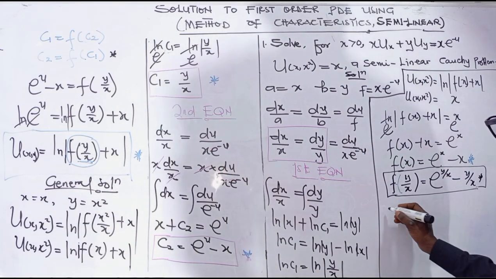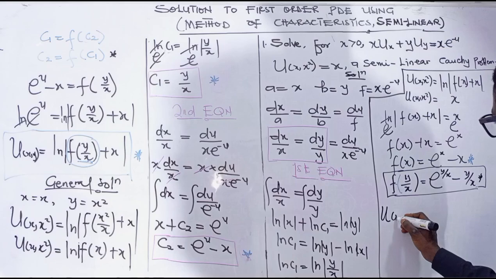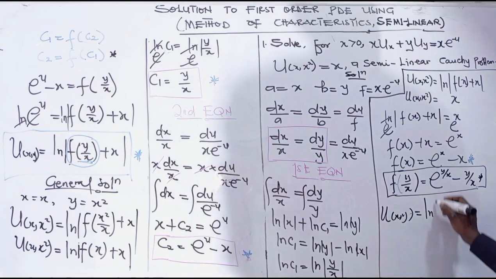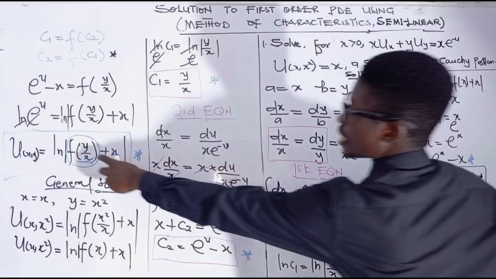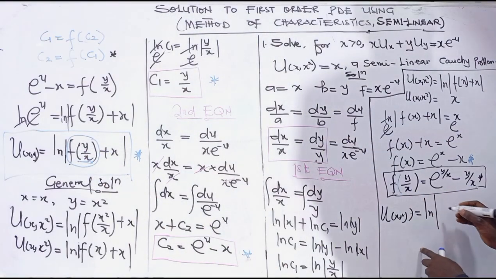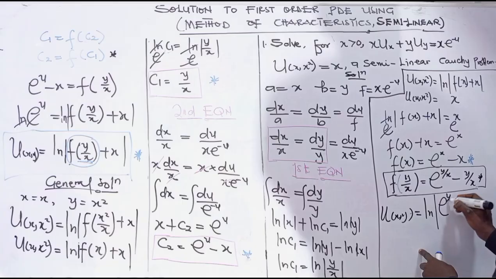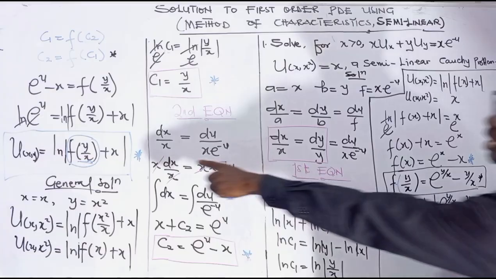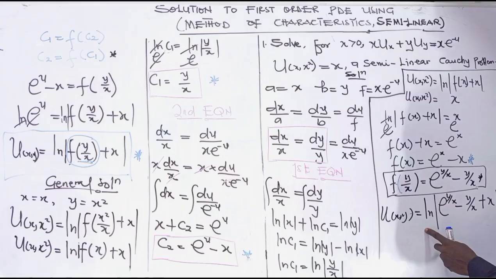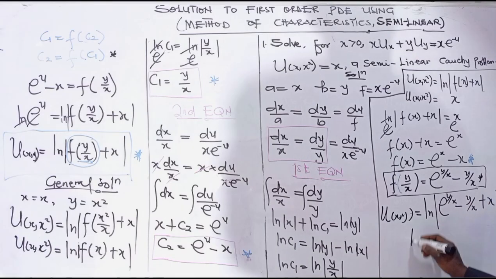So you go back and write our general solution as this: u of x, y is equal to ln of f at y over x, which is e exponent y over x minus y all over x, and then the last one is plus x. So we have plus x. So therefore this becomes the particular solution.